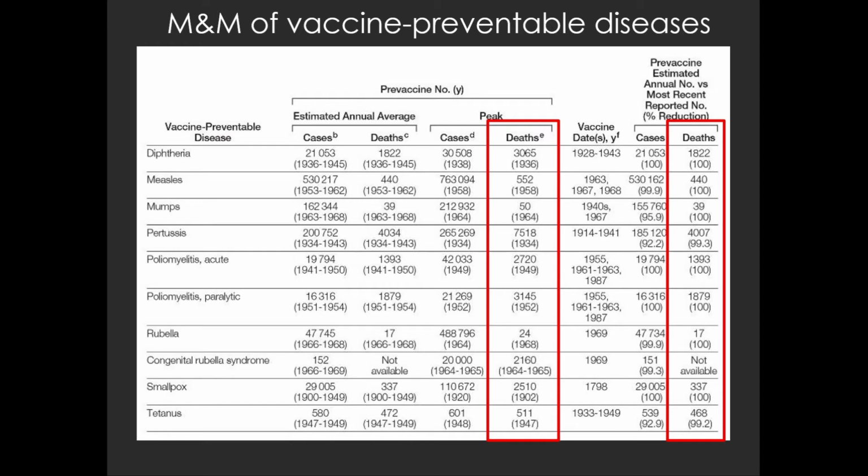And for each of these diseases, you can see in the far right-hand column that the deaths due to these illnesses have been reduced by 99 to 100% for each of them, which is really exciting because not only were these terrible diseases to survive, they were oftentimes diseases that killed people.